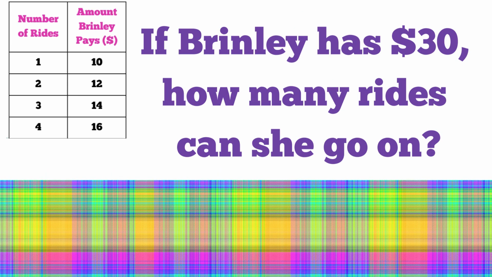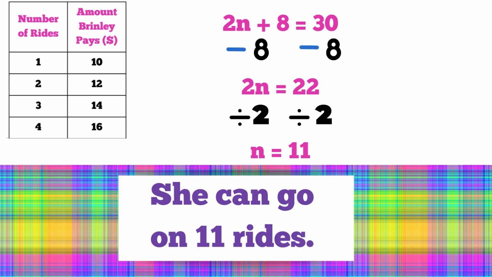Here's the next question. If Brinley has $30, how many rides can she go on? Pause the video and solve the problem. To solve this problem, we need to work backwards, using our expression. We know our expression is 2n plus 8, and in this case, we know that needs to equal 30 for $30.